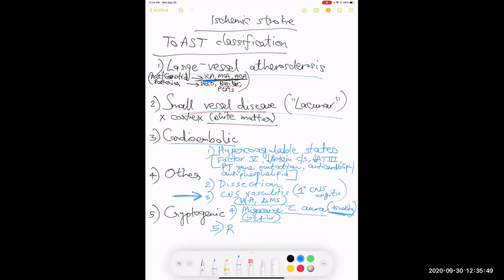Reversible cerebral vasoconstriction syndrome, RCVS, may be a cause for ischemic strokes. Again, usually patients present with a thunderclap headache, just like subarachnoid hemorrhage.